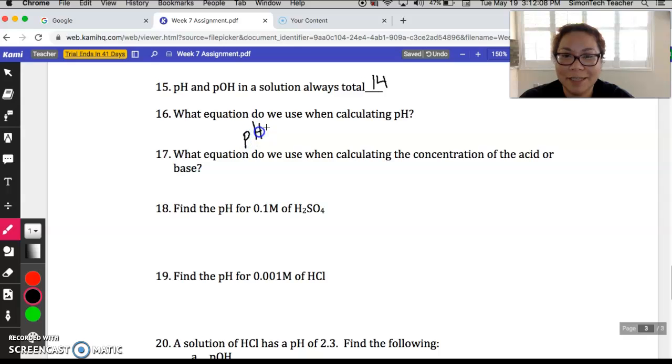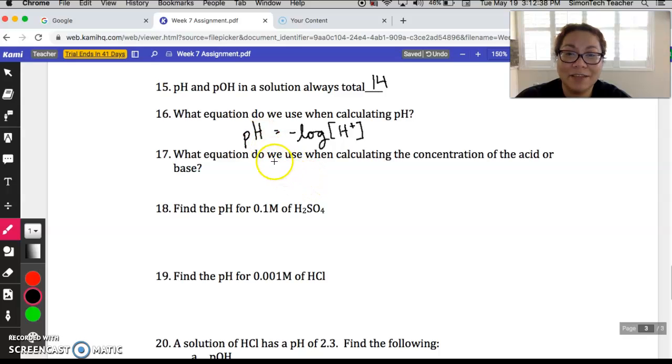You've got the pH, which will be equal to negative log, we're using the logarithmic function on our calculators this time, times the concentration of the acid. Okay? Now, if we're going to do this backwards, where you are given the pH, but you are asked to figure out the concentration, we're going to take the inverse of log.